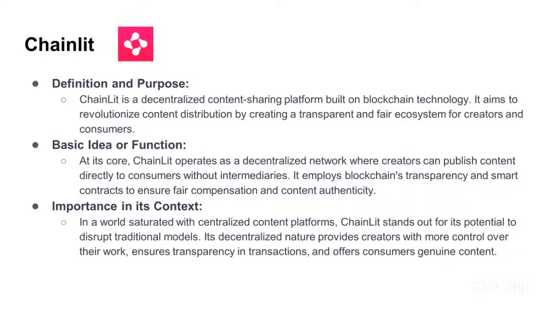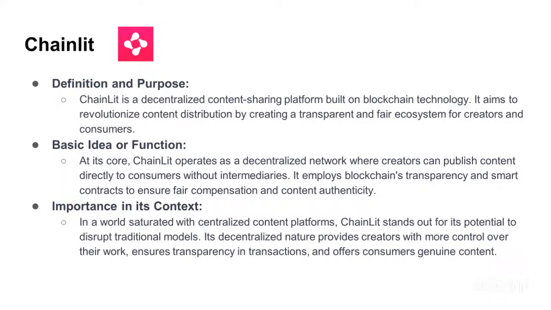The basic idea behind Chainlit is that it operates as a decentralized network where creators can publish content directly to the users without intermediaries. It employs blockchain transparency and smart contracts to ensure fair compensation and content authenticity between these two.